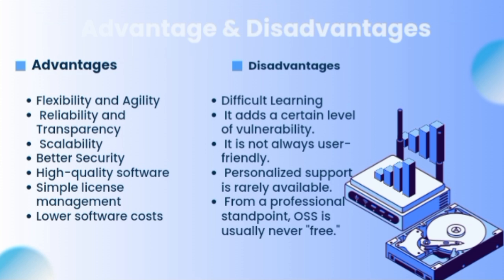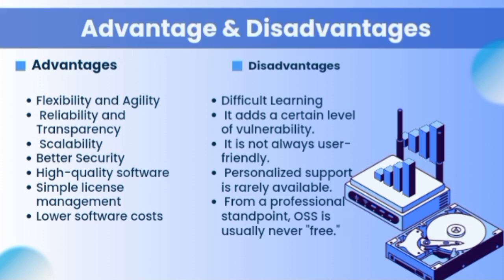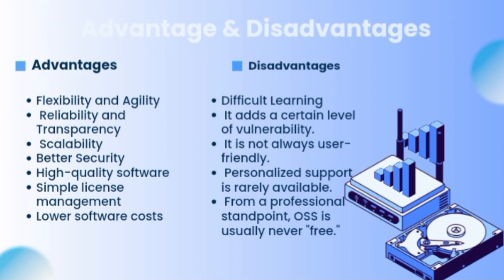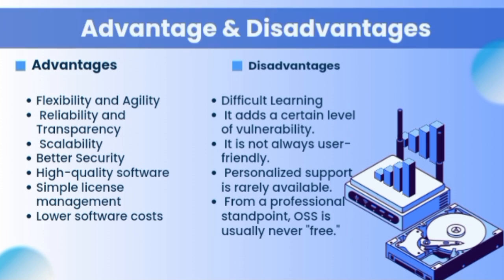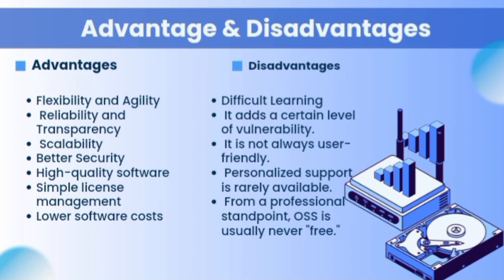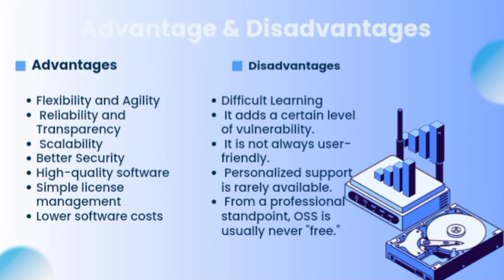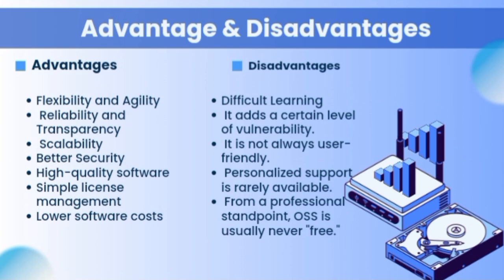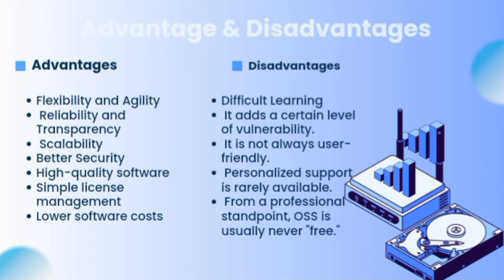It also lowers costs because there are no licensing fees, making it ideal for schools with limited budgets. Additionally, open source software is often of high quality because of constant updates and feedback from the community. Lastly, its simple licensing eliminates the need to track renewals, saving time and effort.